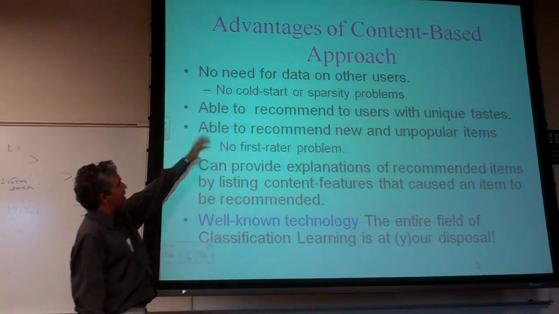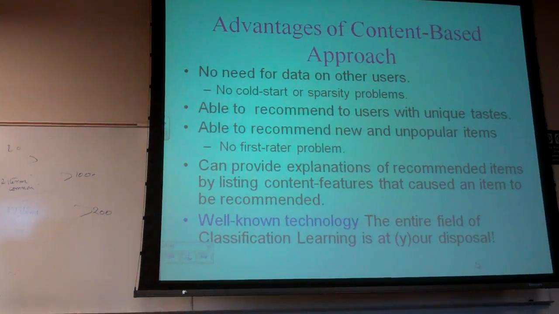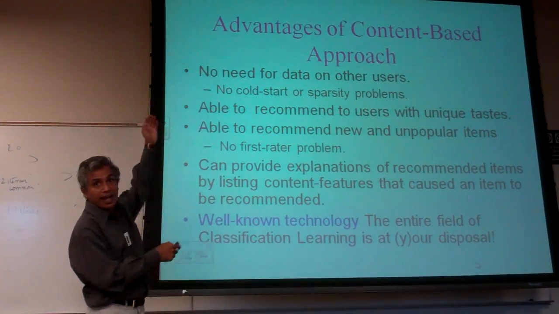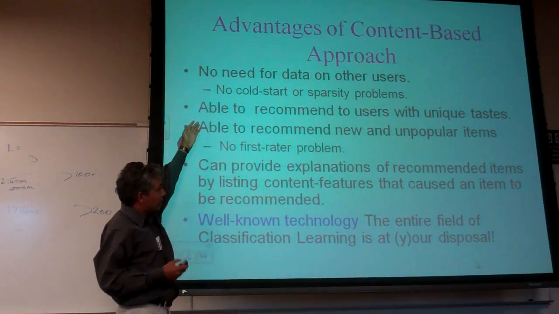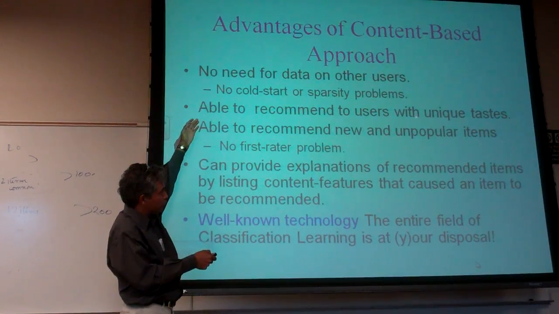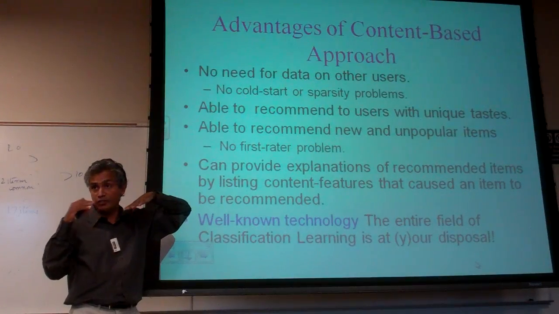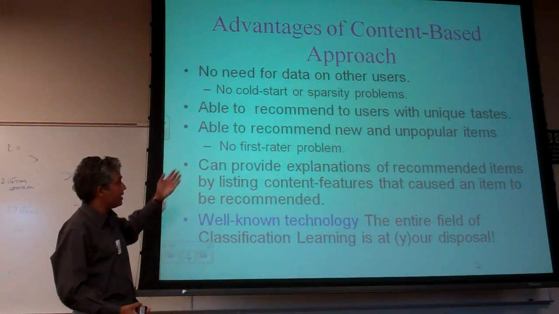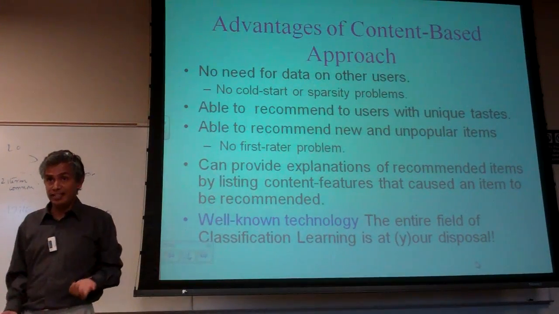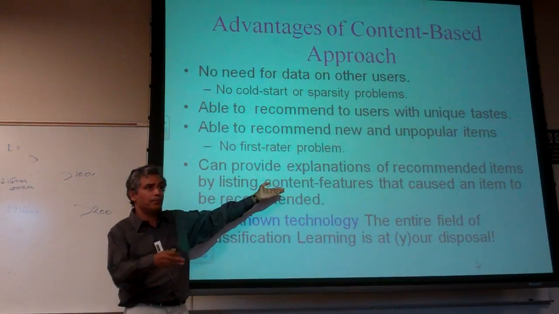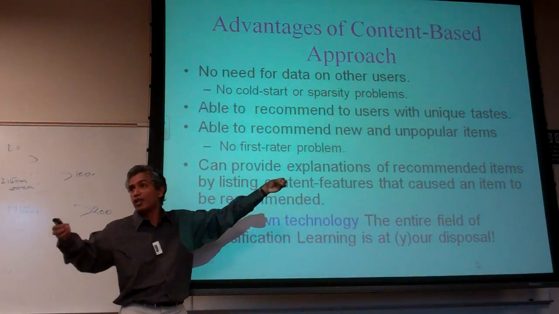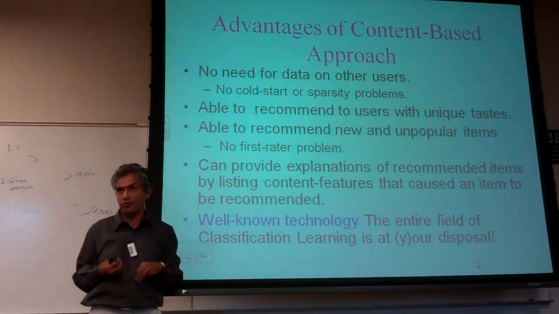If you look at it from that side, content-based filtering has lots of advantages because it doesn't require data on other users. It can also recommend to users with unique tastes, and it can recommend new and unpopular items, and it can provide explanations for the items, saying the reason I'm giving this to you is because you liked these words or these features before.